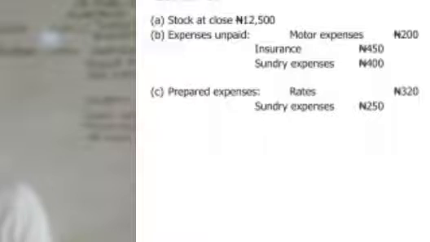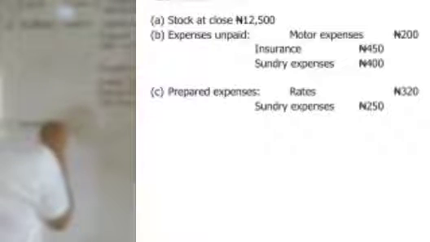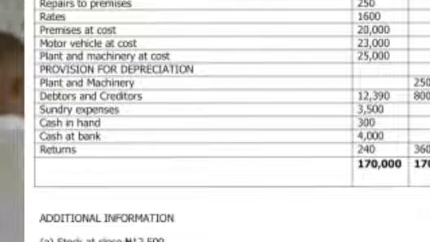Now the next one, they said the third one, prepaid expenses. That's in the additional information. Now for prepaid expenses, the first item there is rate. Now we're going to check the rate in the trial balance, how much was paid.